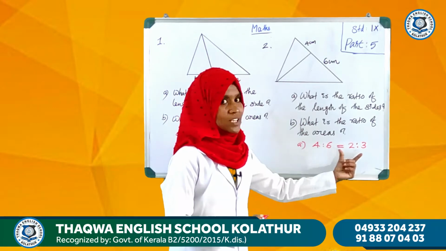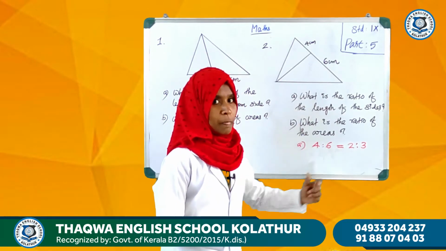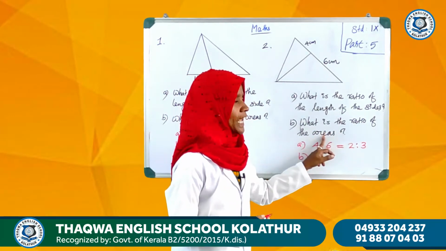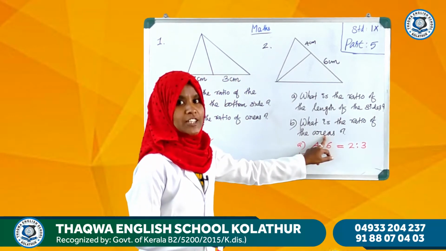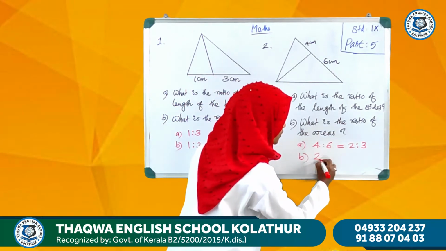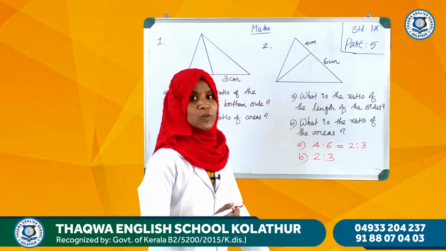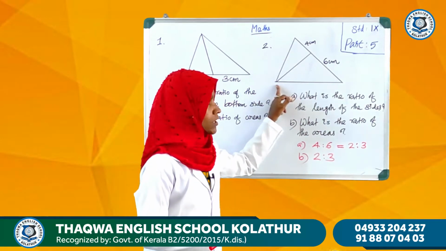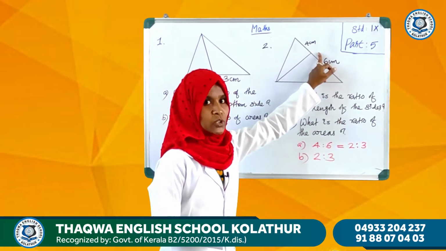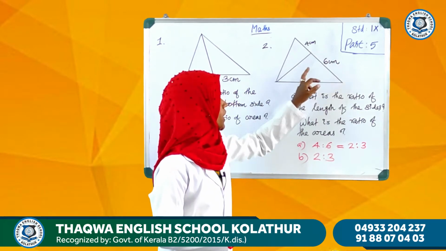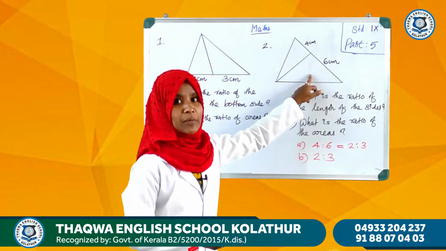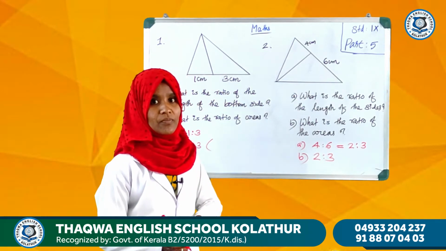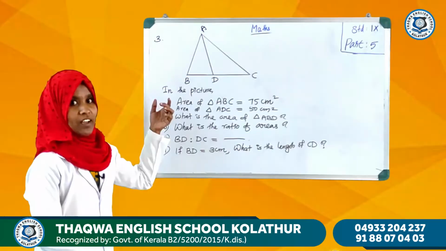Ratio is in the simplest form. Then part B: what is the ratio of the areas? The ratio of the areas is also 2 is to 3, by using our last result: a line from a vertex of a triangle divides the length of the opposite side and the area in the same ratio. Clear? Yes. Next question.